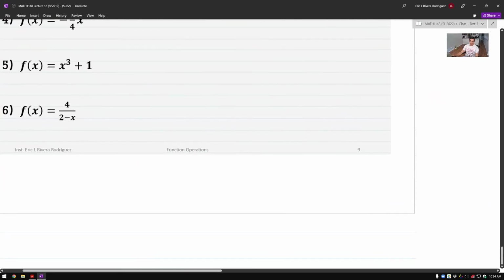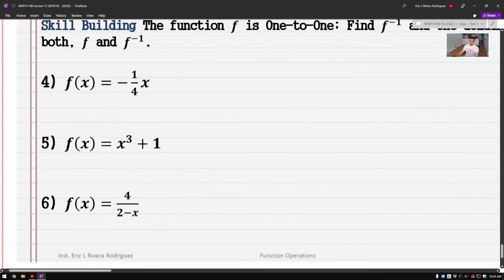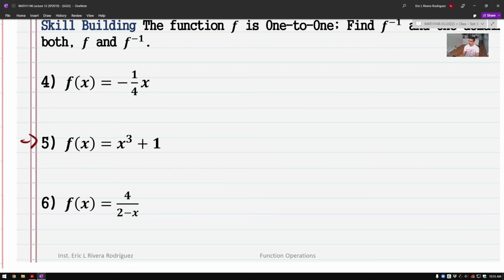Let's do number 5. We have 15 more minutes in class. So let's do number 5, and in those 15 minutes we can cover any question that you might have. Please post the answer for number 5. Remember the steps.